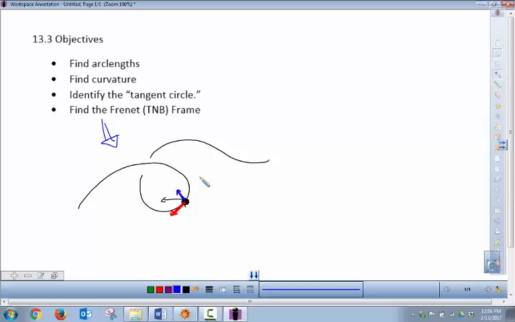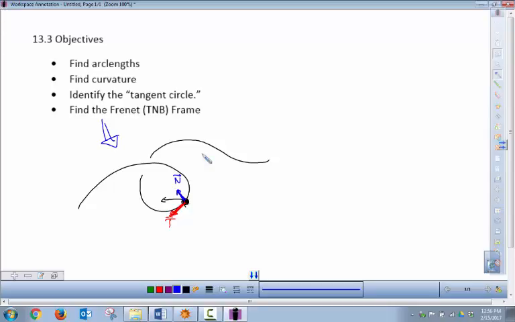Okay, so that idea is not that big of a deal, but I think it is important to be able to state. So we have the unit tangent vector, which we'll call T, capital T. And now we've just discussed another vector that's perpendicular to the unit tangent vector, and we'll call that the unit normal vector, N.